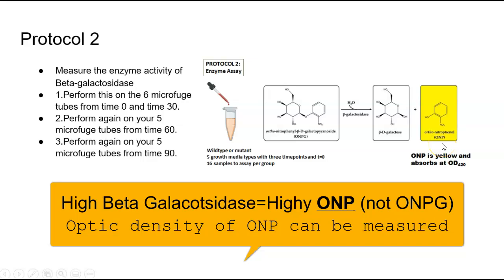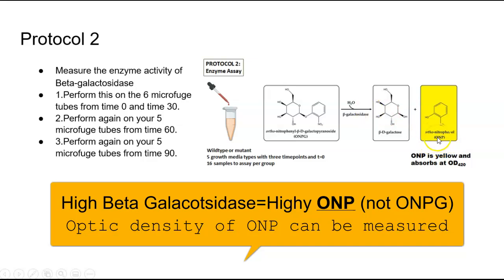So when we add ONPG in these conditions, depending on how much beta-galactosidase is available, you're going to have a certain amount of ONP. If under those conditions there was a lot of beta-galactosidase, then you're going to have high levels of ONP. If beta-galactosidase was low, there wasn't much of it transcribed and translated, ONP would be low.